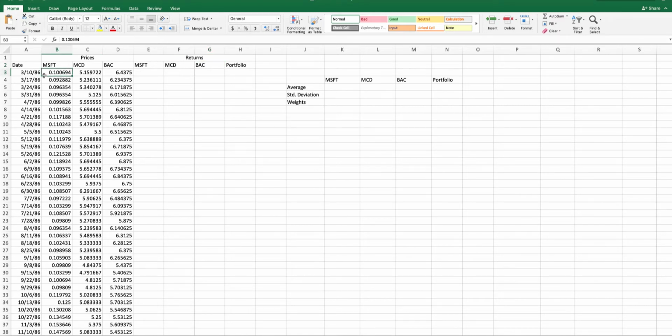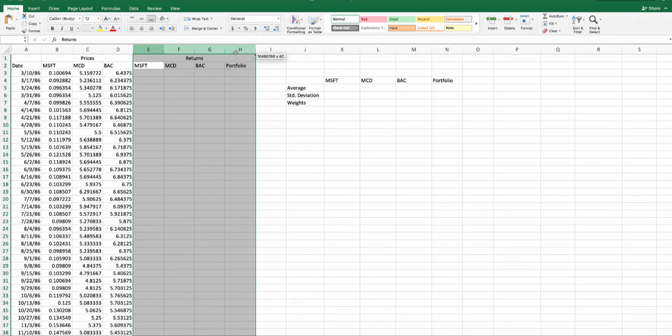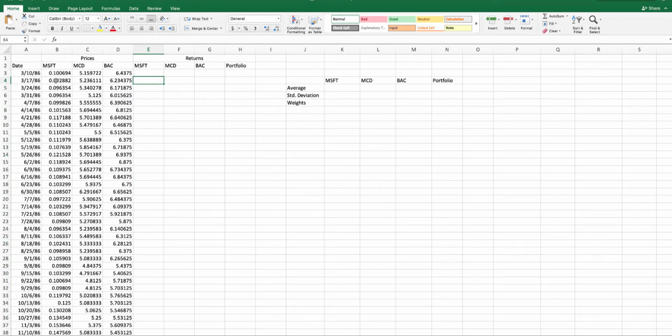So you have Microsoft. These columns are going to contain all the weekly returns. To calculate the return, we need the price at the end of the week and the price at the beginning of the week. The percentage change in that price is the return for that particular week.